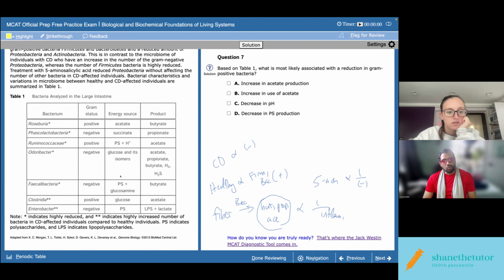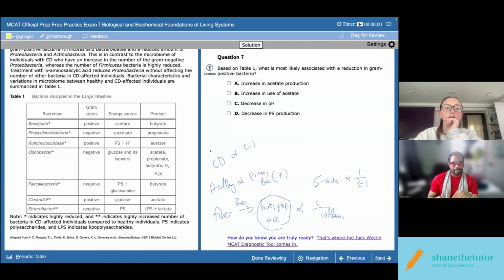Oh, but we want the gram negative. So I'm going to say that this decrease in PS production is wrong because polysaccharides are obviously still a source of energy in the gram negative ones. Are you looking for gram negative or gram positive? Well, it says association with reduction in gram positive bacteria, so I wanted to see what's associated with gram negative.